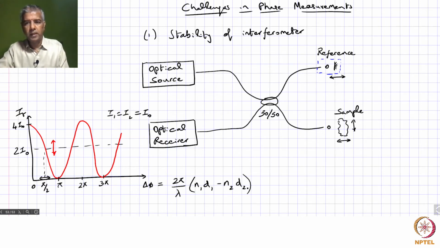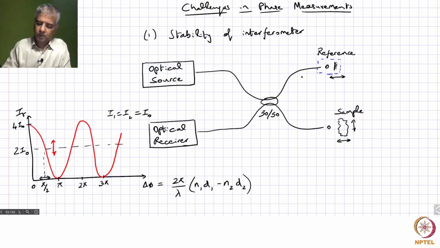That could actually be measured very accurately. And of course, we are interested in measuring changes in D2. Let's say this is D1 now, and this is D2.